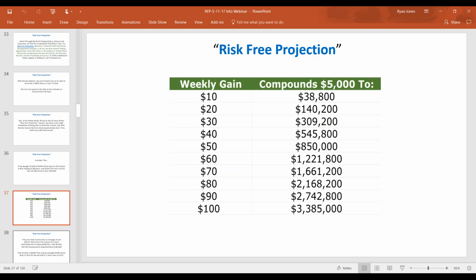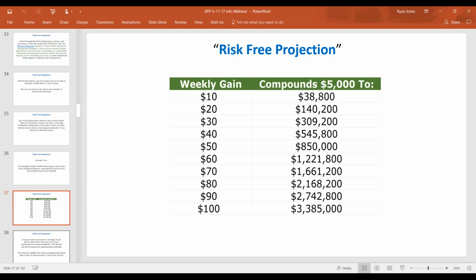Is that a realistic, attainable goal? $10 a week, non-compounded? Of course it is. At $20 a week, you're looking at $140,000 after 5 years is what that compounds to. Okay, that's tremendous growth.